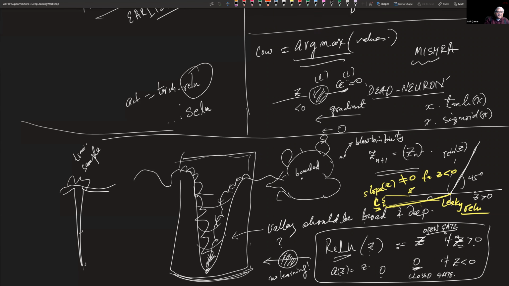Asif, I have a question. So, other than the batch size, what other factors contribute to the momentum of the gradient? See, momentum is a different thing. When we use the word momentum, it is not in the sense that you are thinking.